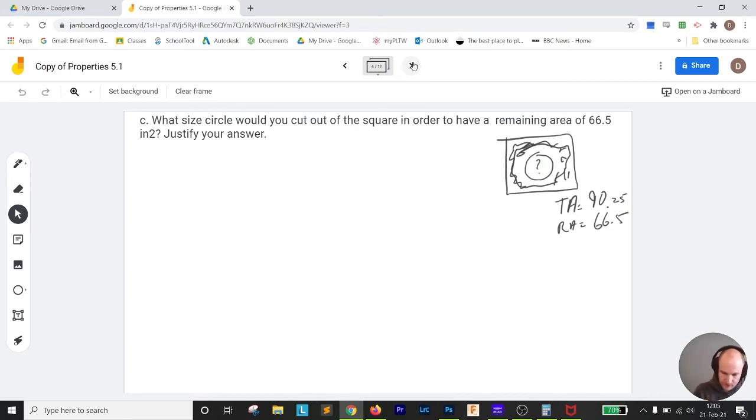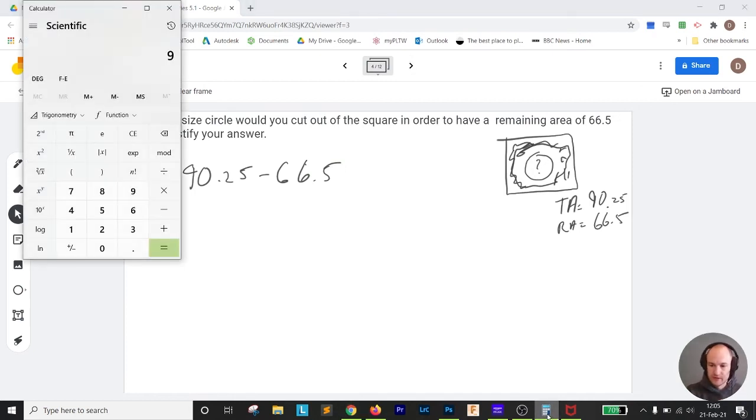So first I'm going to see what my remaining area is. I'm going to take the 90.25 and subtract the 66.5. Let's see what we get there. 90.25 minus 66.5.